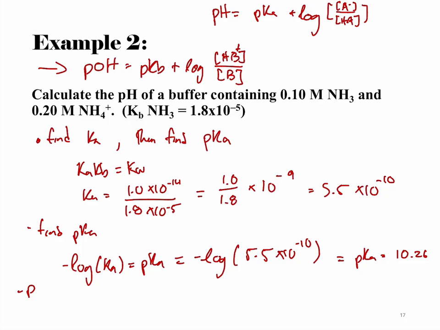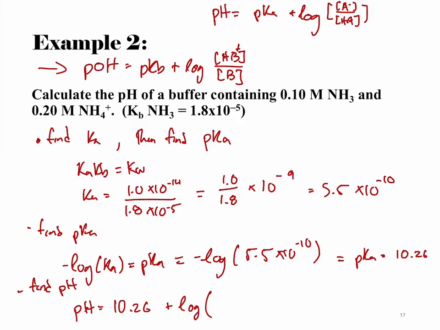And then how do we find the pH? Yeah, we put it in our Henderson-Hasselbalch equation, right? So we get the pH is equal to 10.26 plus the logarithm.